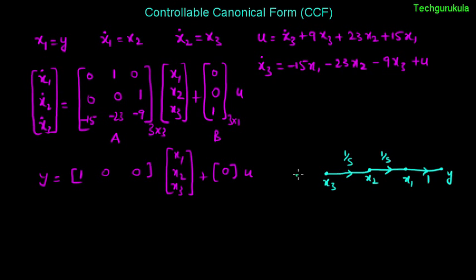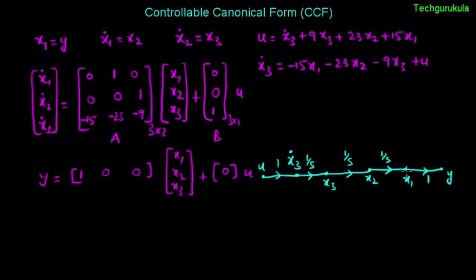Now another node x3 dot. If I integrate x3 dot, I get x3. We have 3 integrators, representing that the order of the system is 3. Now x3 dot depends on x1, x2, x3 and u, so let me represent that in the signal flow graph. This is the input u, with 1 times u, minus 15 times x1.